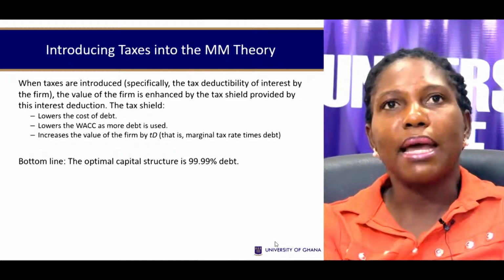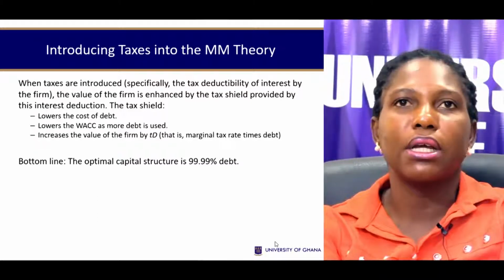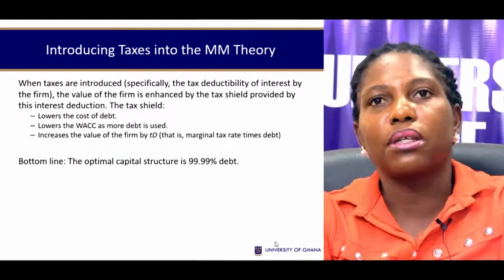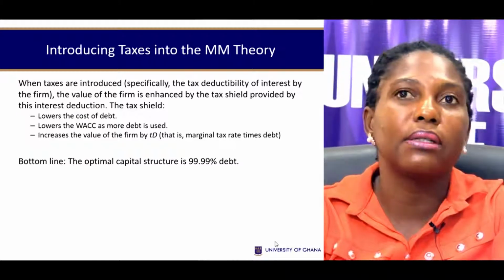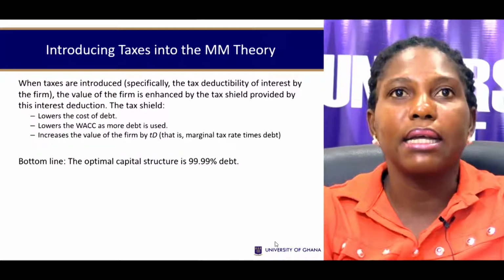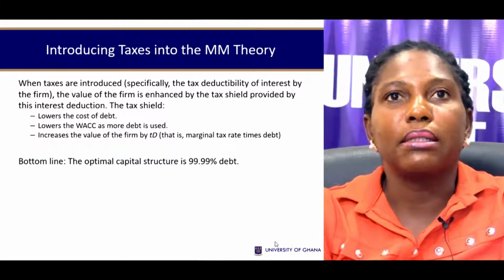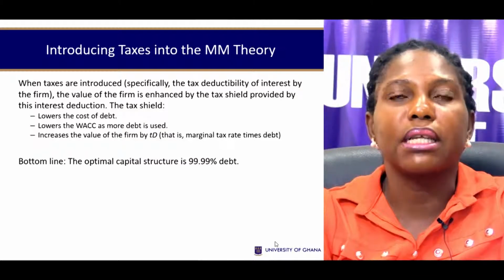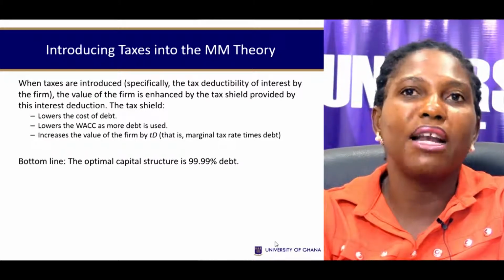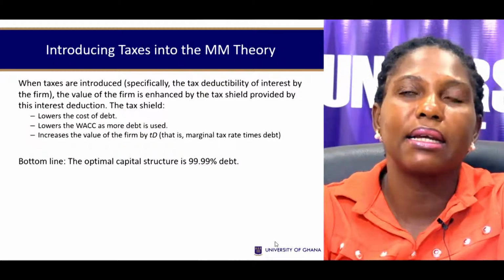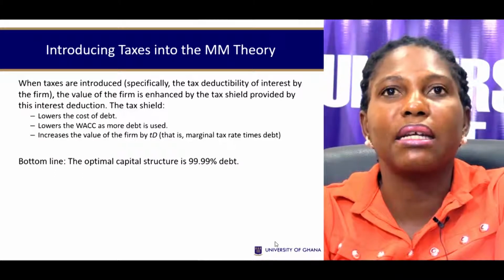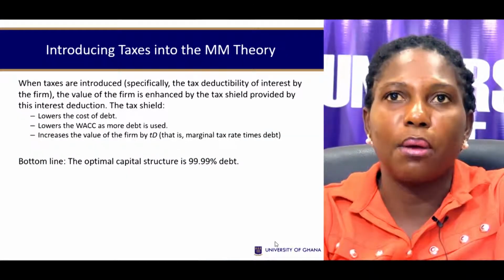So by this assumption and analogy, you can increase your capital structure to the point of attaining 99.9% debt, because once you keep on using more debt, benefiting from the deductibility of interest, it means that you keep on recouping more value from the tax shields generated, hence favoring the use of debt to the very optimal point.